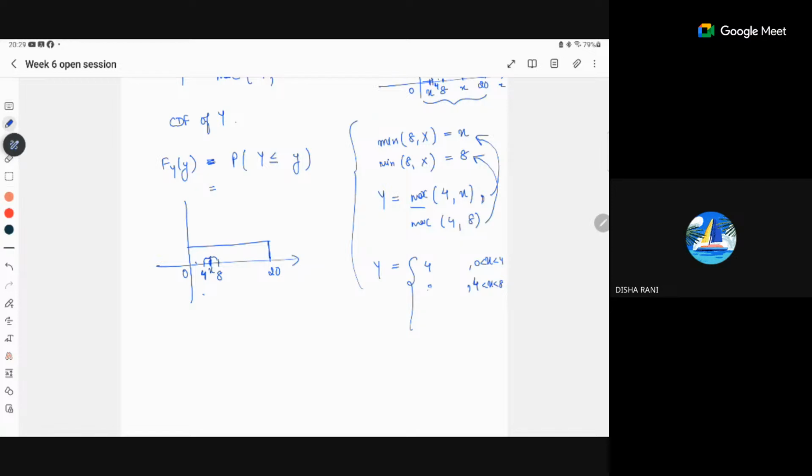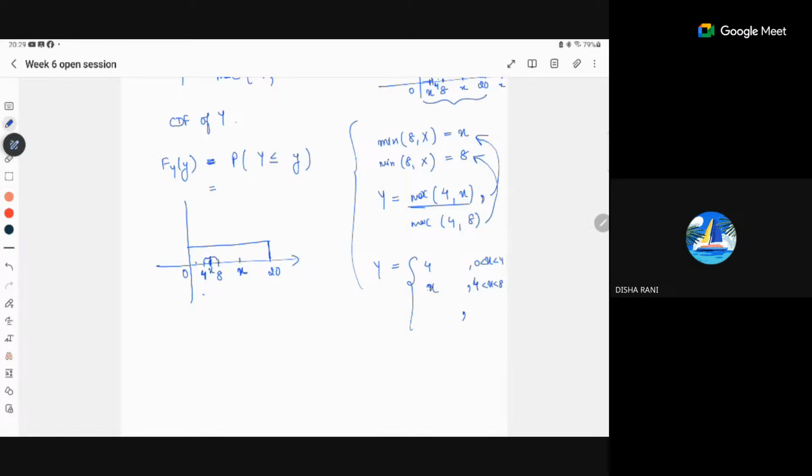Now if I take any value between 8 to 20, what do we have to do?